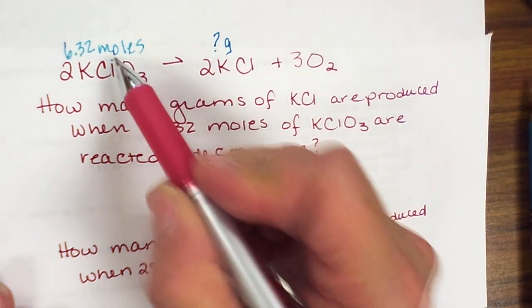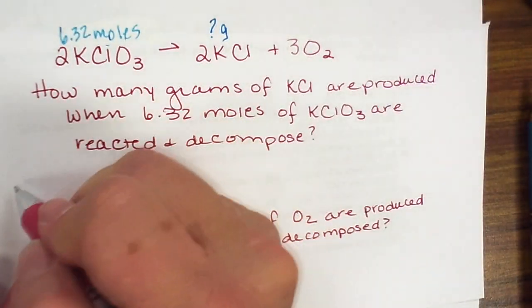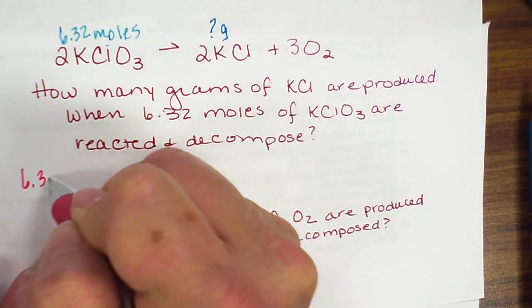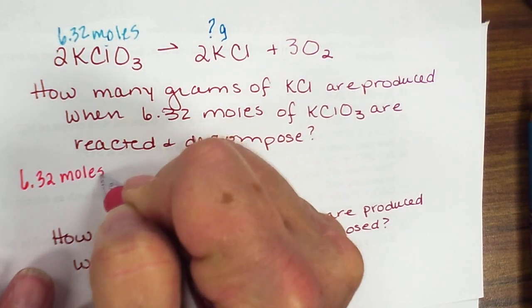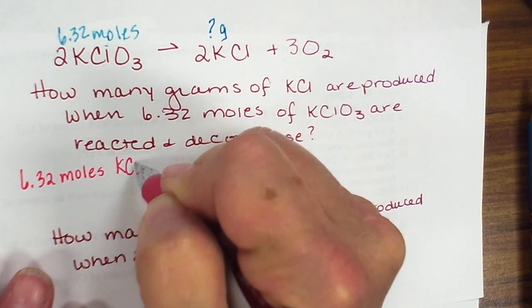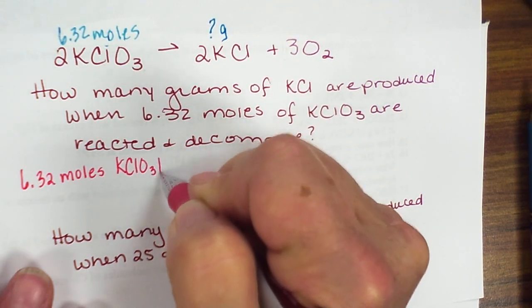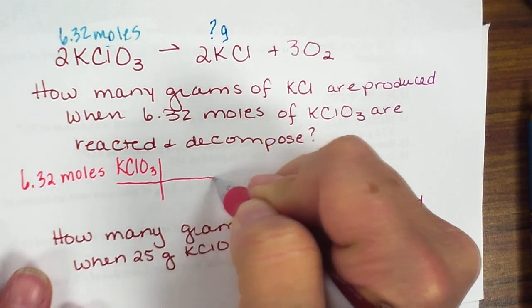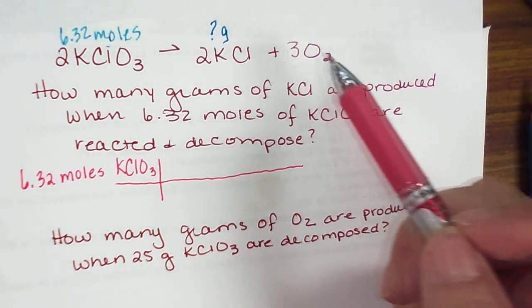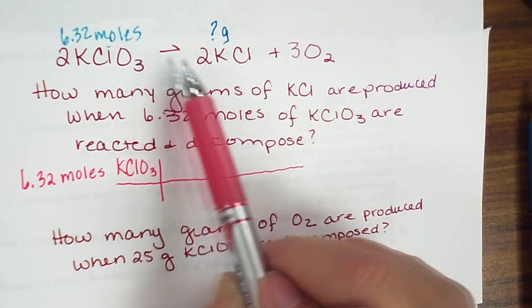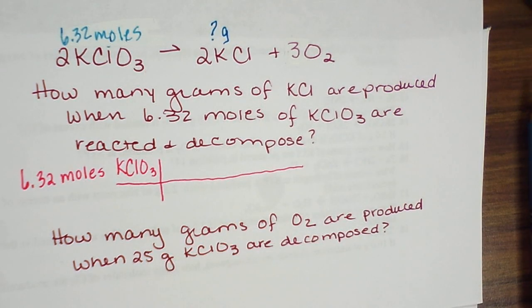So first, I'm going to start with what I'm given, which is 6.32 moles. So that's nice because I'm already there in moles of KClO3, potassium chlorate. And now what I need to do is I need to switch from potassium chlorate over to potassium chloride.